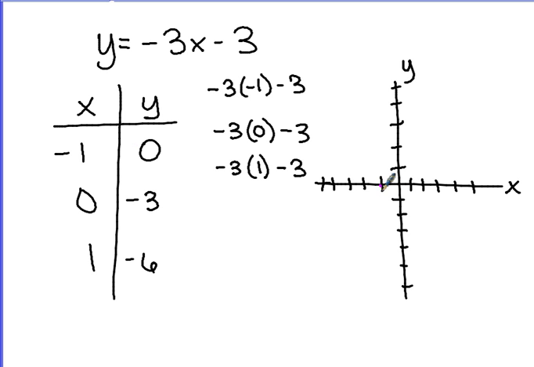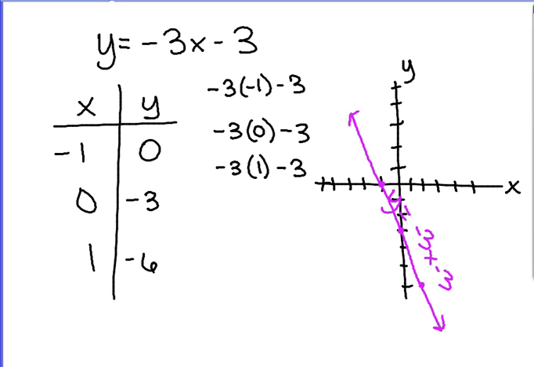So we go over to negative 1, 0. All right, the next one is 0, negative 3. And then we have 1, negative 6. Connect the dots to make our line. And then we follow our last step by labeling our line with the equation. This is y equals negative 3x minus 3. Okay? That is graphing linear equations.